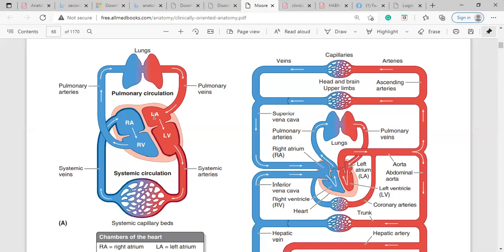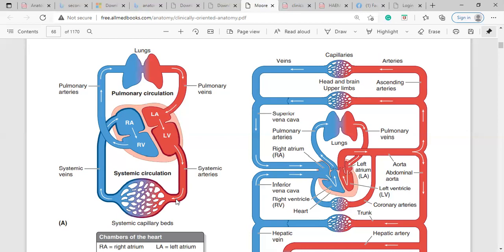So that is short. But the systemic circulation, the blood leaves the left ventricle, goes to all other organs, not to the lungs this time, to all other organs of your body, and then comes back to the right atrium. So the systemic circulation is longer than the pulmonary circulation.